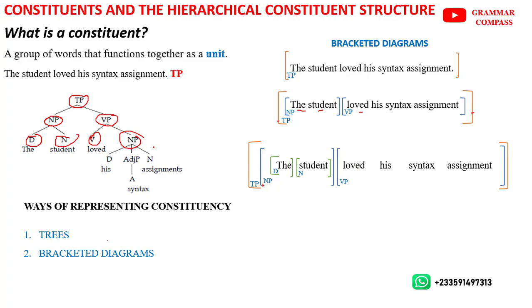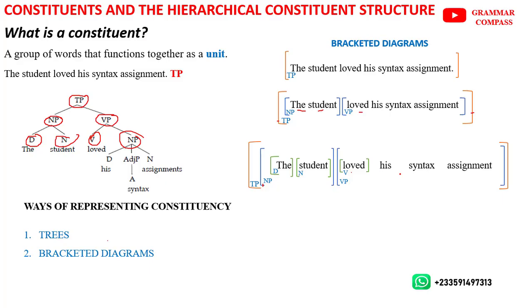We can show this using our bracketed diagram. What we have to do is that we need to show that loved is the head word and it is a major constituent within the verb phrase. We will draw a bracket around loved and then name it a verb. Which other constituent exists in this VP?